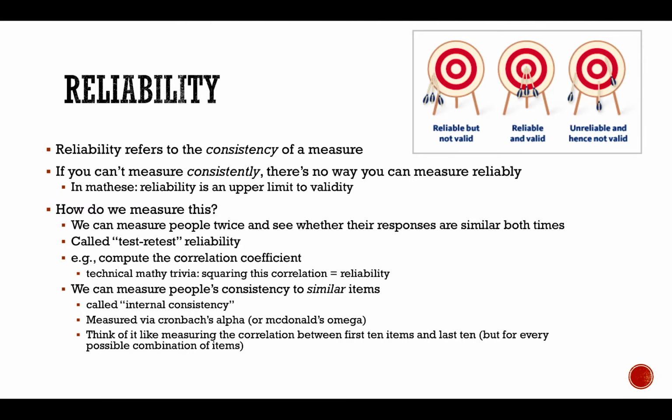And then you think of another way to split them in half, and you do that lots and lots of times for every possible combination of items you could think of. That's basically what your internal consistency measure is: the average of what you would get if you were to split your test in half in as many ways as possible.